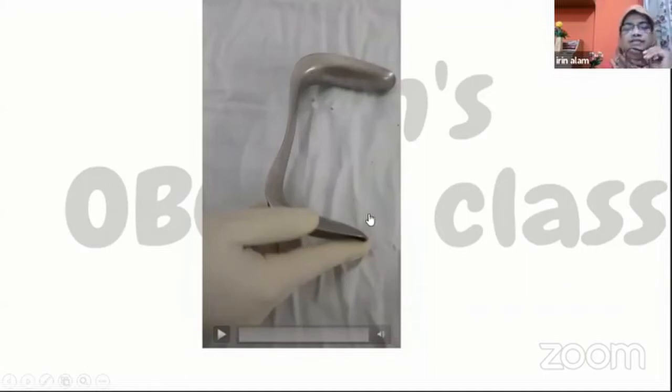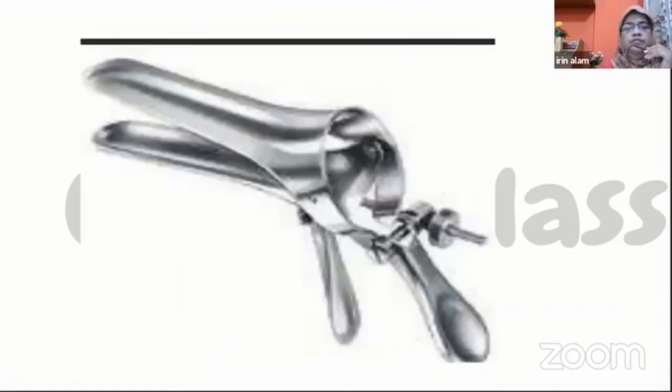So this is the Sims double-bladed posterior vaginal speculum. This instrument is called Cusco's bivalve self-retaining vaginal speculum. There are two valves, anterior and posterior.